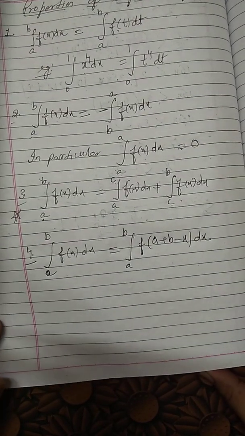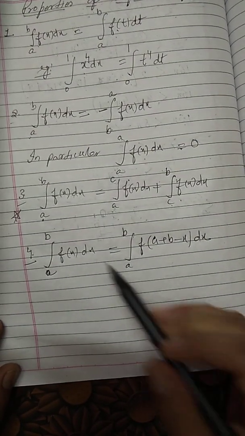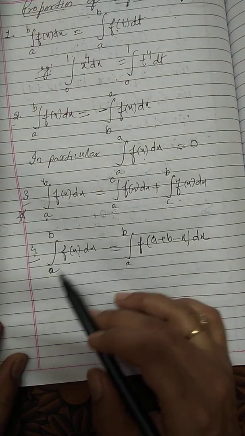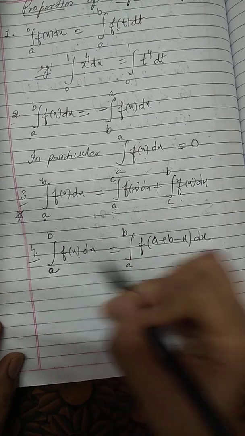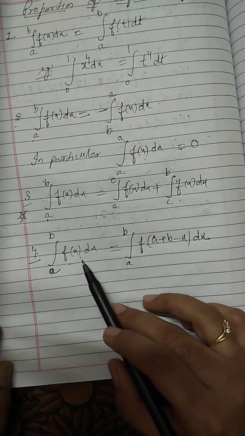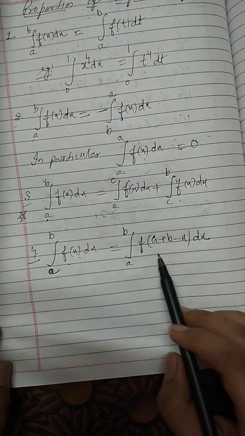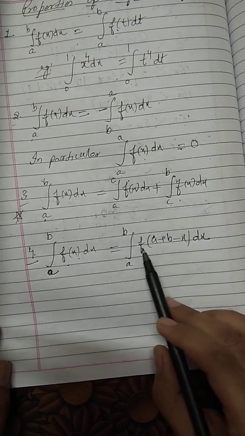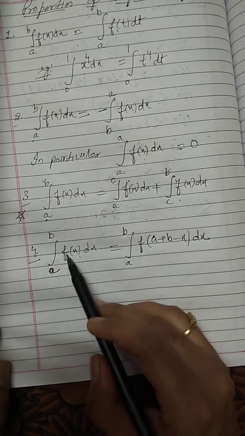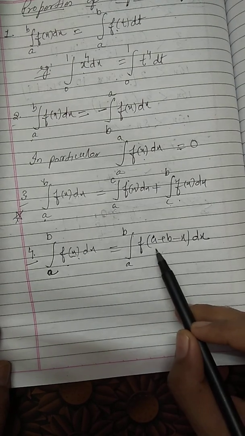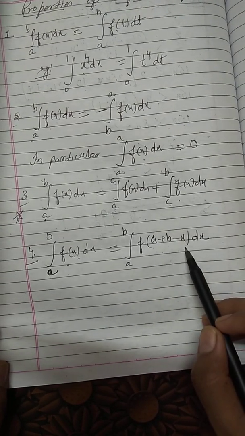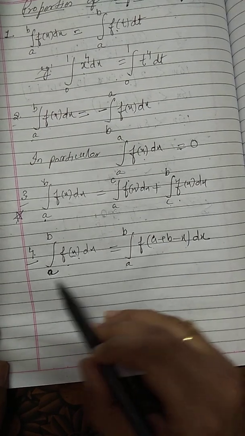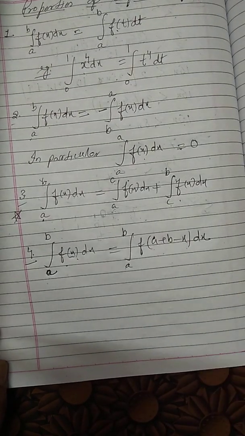Both integrals will have the same value. Whatever answer is coming here, the same answer this integral will have, where the function has been changed. In place of x, we are writing the lower limit plus upper limit, that means the sum of the limits, minus x. Then both integrals will have the same answer.